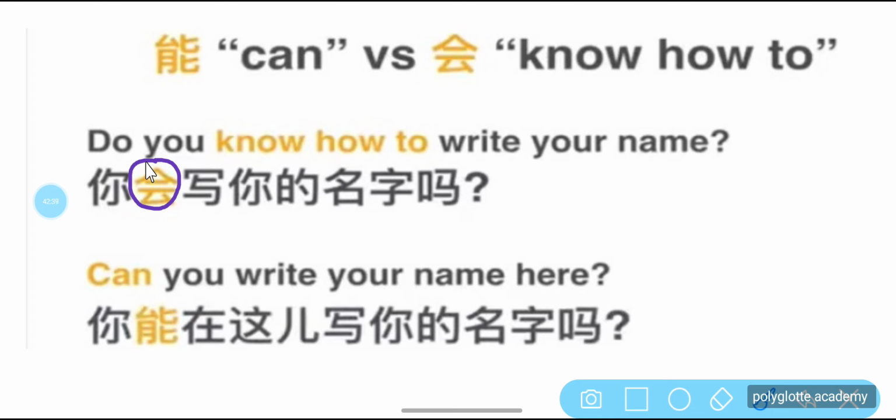I can cook. 我会做饭。So 会 means know how to.